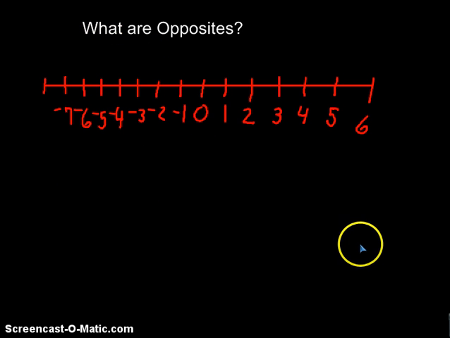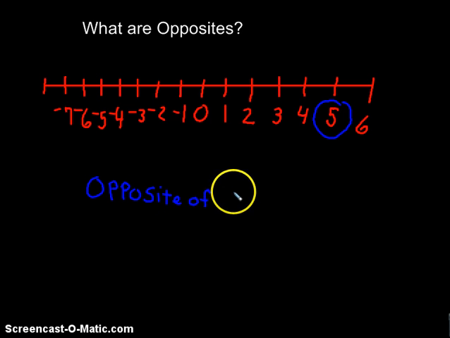What are opposites? This is the last concept we're going to talk about. Opposites are simply numbers that are equal distances on either side of 0 on the number line. For instance, what is the opposite of the number 5? Well, you look on the other side of the number line and you say, well, what is 5 units away from 0?